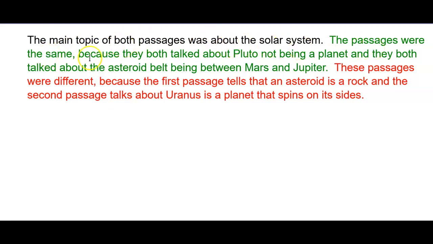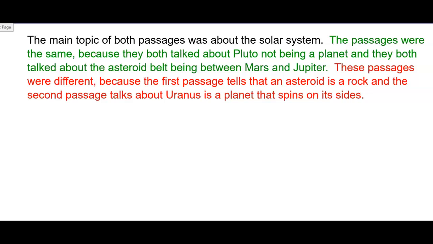The passages were the same because they both talked about Pluto not being a planet, and they both talked about the asteroid belt being between Mars and Jupiter. These passages were different because the first passage tells that an asteroid is a rock, and the second passage talks about Uranus is a planet that spins on its side.